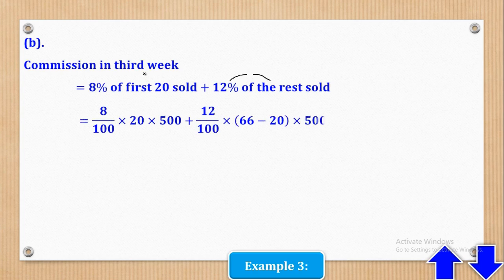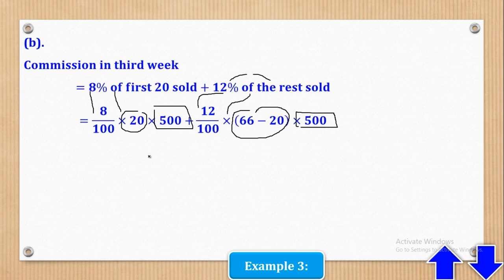So since he sold 66 in the third week, it means that the first 20 will be that and the rest will be now 66 minus 20. Now this 8% means 8 over 100. Of means multiplication. Then here 12% means 12 over 100 and of means multiplication. Then the rest will be 66 minus 20. But each handkerchief was 500, so that's why we multiply by 500 here and also here to get the price.